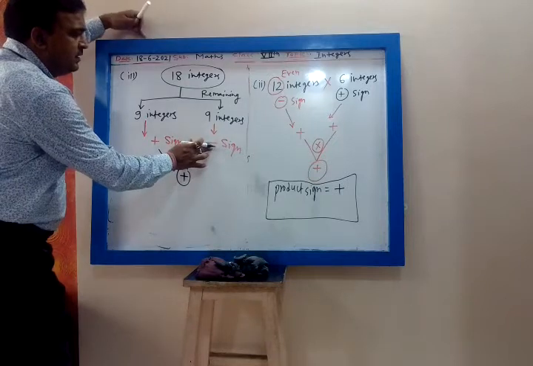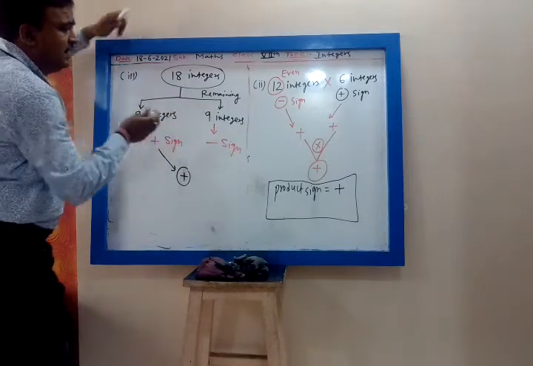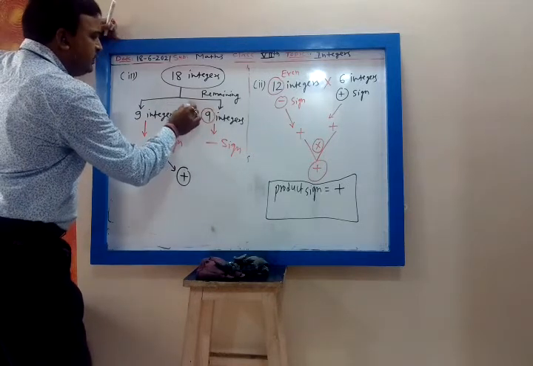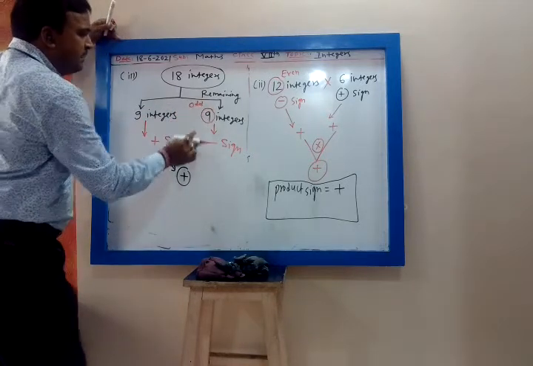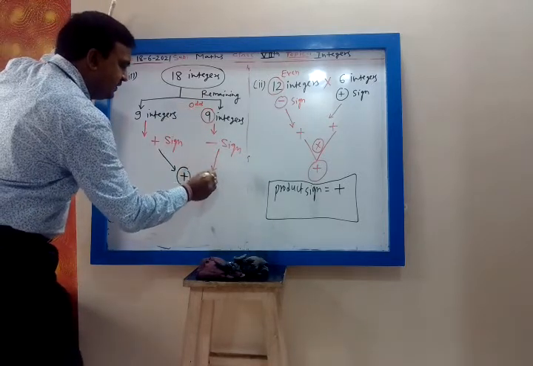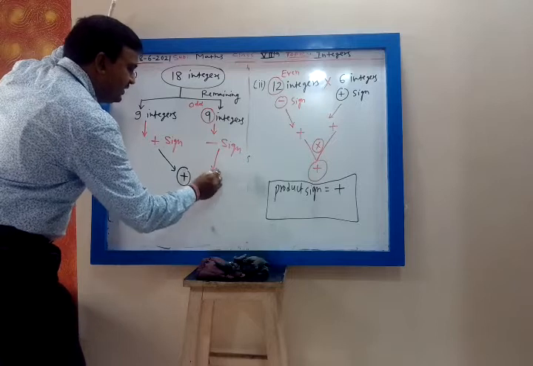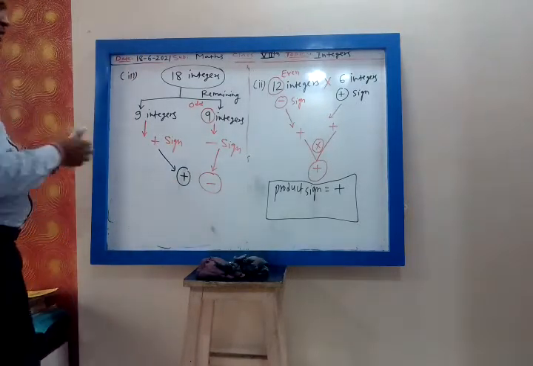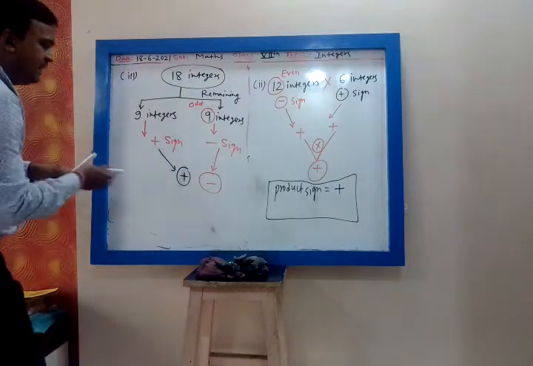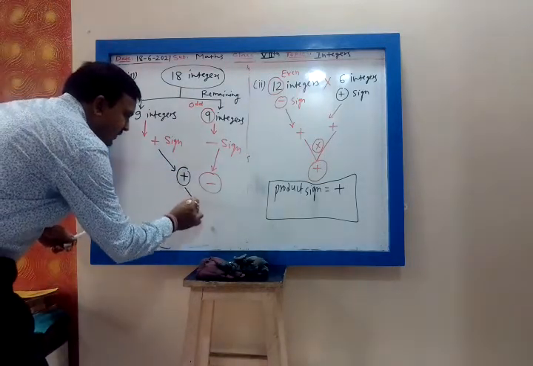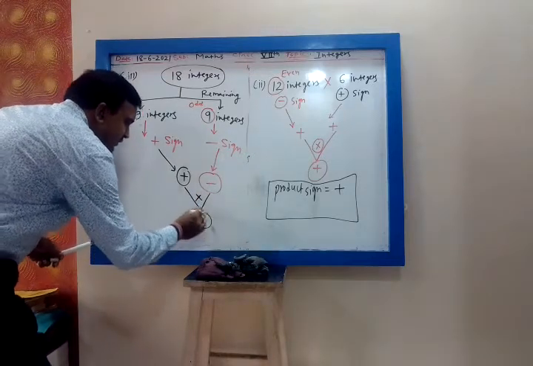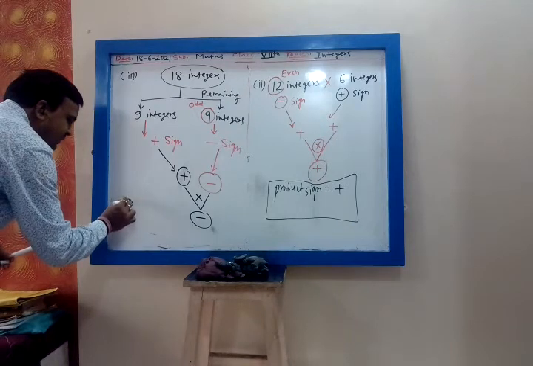This is minus sign, but how many are multiplied? 9. And what is 9, odd or even? Odd. So whenever minus sign is multiplied odd times, the result will be minus, because 9 is an odd number. And finally plus into minus will be minus. So product sign is minus.